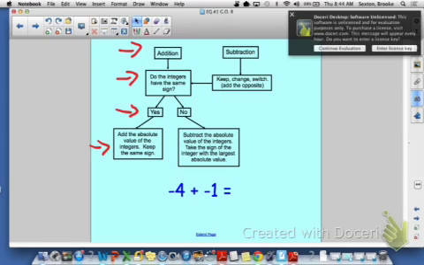Okay, the absolute value of -4 is +4. The absolute value of -1 is +1. And if I add the absolute value of the integers, I get 5. Then it says keep the same sign. So that means I have to go back to the original problem again. The signs were negative. So I guess that means my answer is negative. -5.